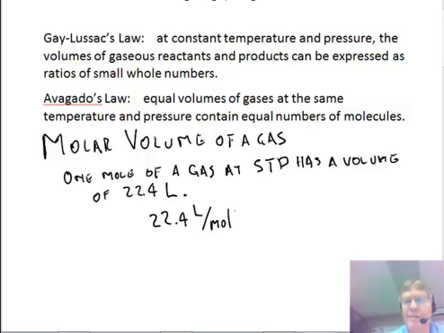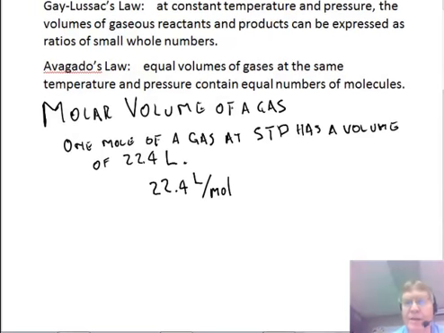Now this is kind of interesting because it allows us to solve some problems and make some predictions about gases that are fairly important. For example, let's take a look at a sample problem where we calculate the density of a gas.